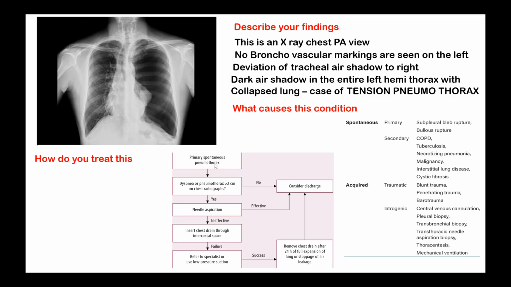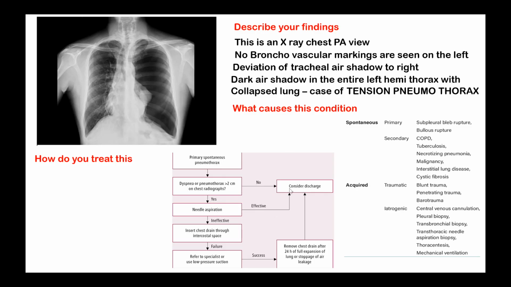Primary spontaneous pneumothorax: is the patient dyspneic, or is the pneumothorax more than 2 centimeters on X-ray? If it is not present, just observe. No need for any intervention. But if there is dyspnea and pneumothorax more than 2 centimeters, first thing is needle aspiration.